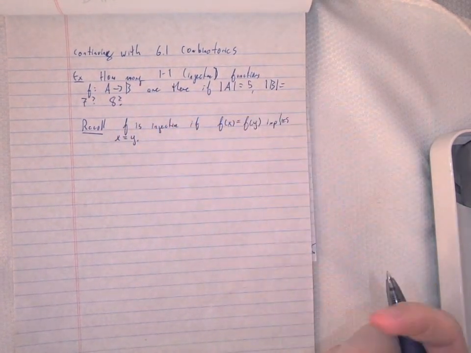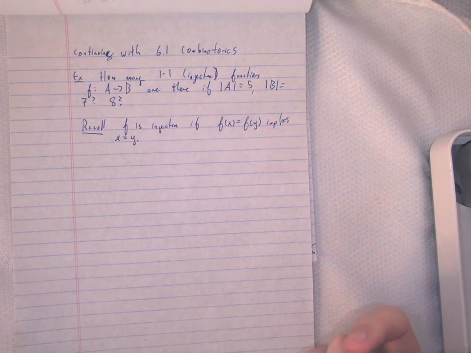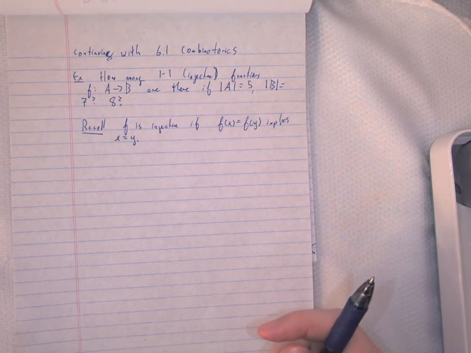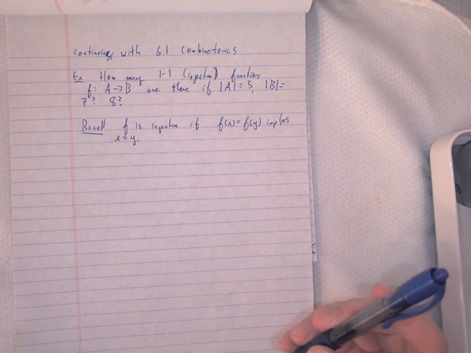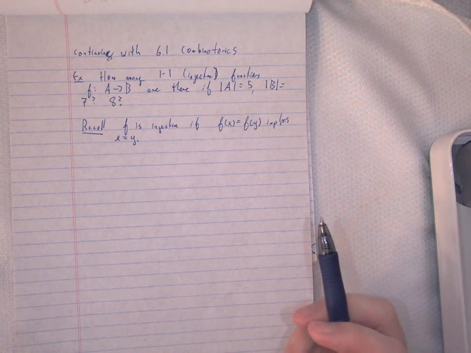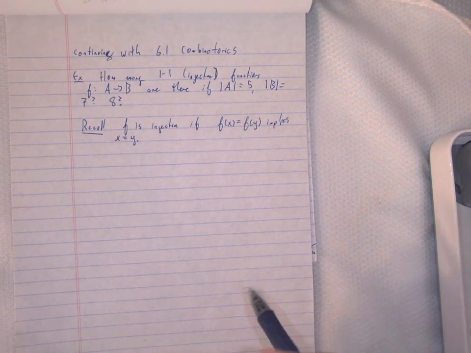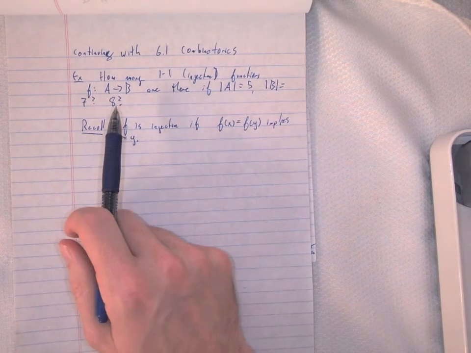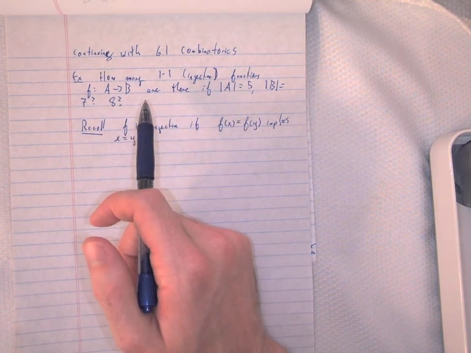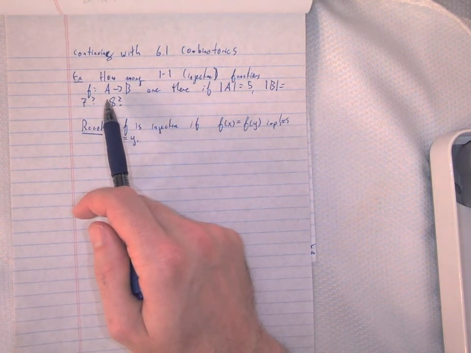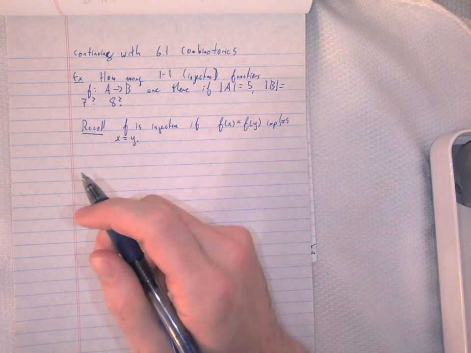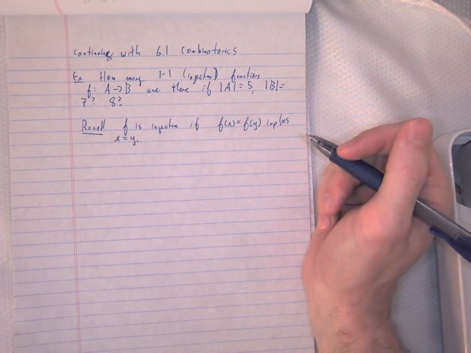Or in other words, anything that is hit in the codomain B is hit by at most one element of A. So if we want to set up an injective function, let's order the elements of A. Since there are finitely many, we can order them: A1, A2, A3, A4, A5.